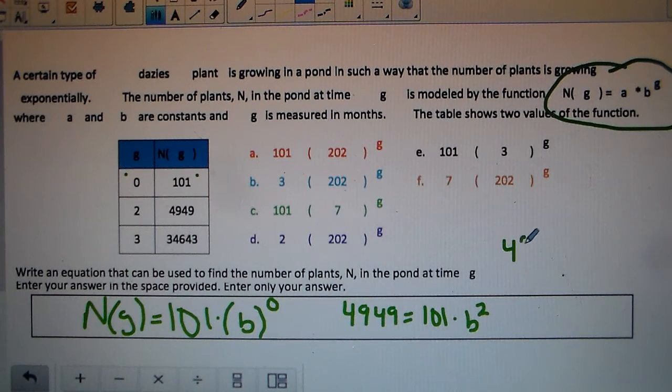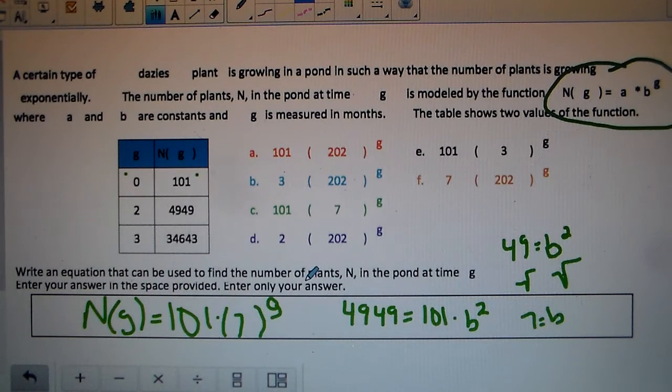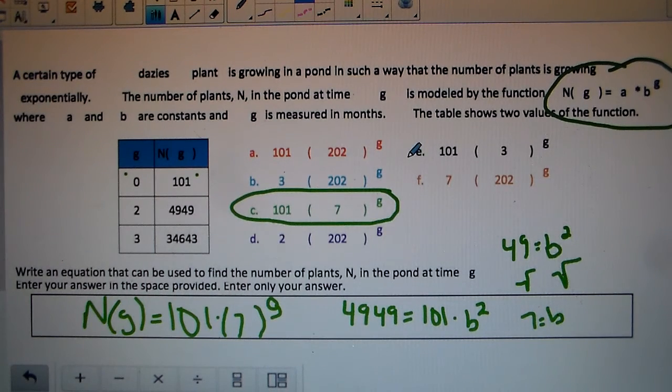So 49 is equal to b squared. You take the square root of both sides, because that's the opposite of squared, and you get b is equal to 7. So my answer would be n of g is equal to 101 times 7 to the power of g. So my answer here would be letter C. Green and green.